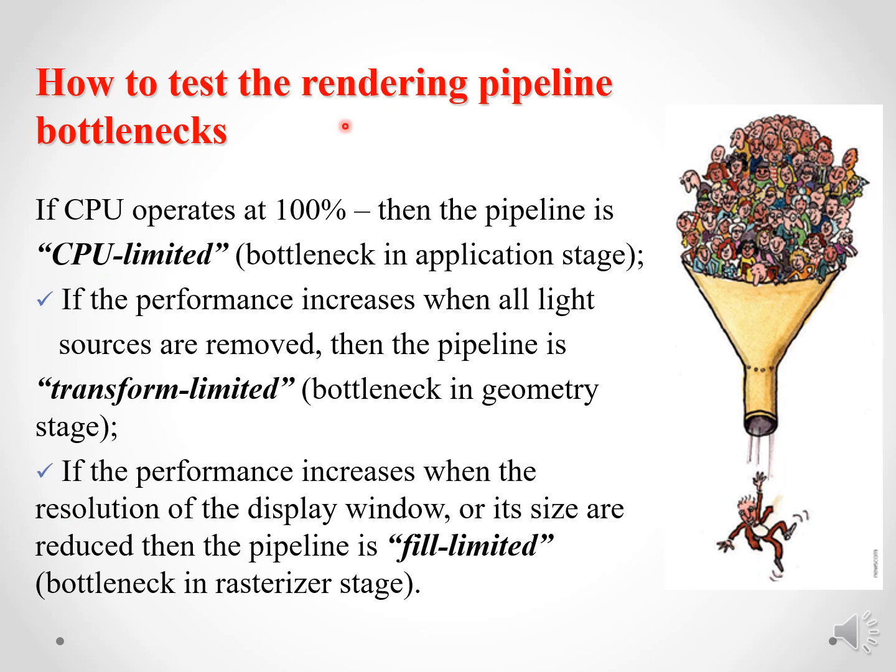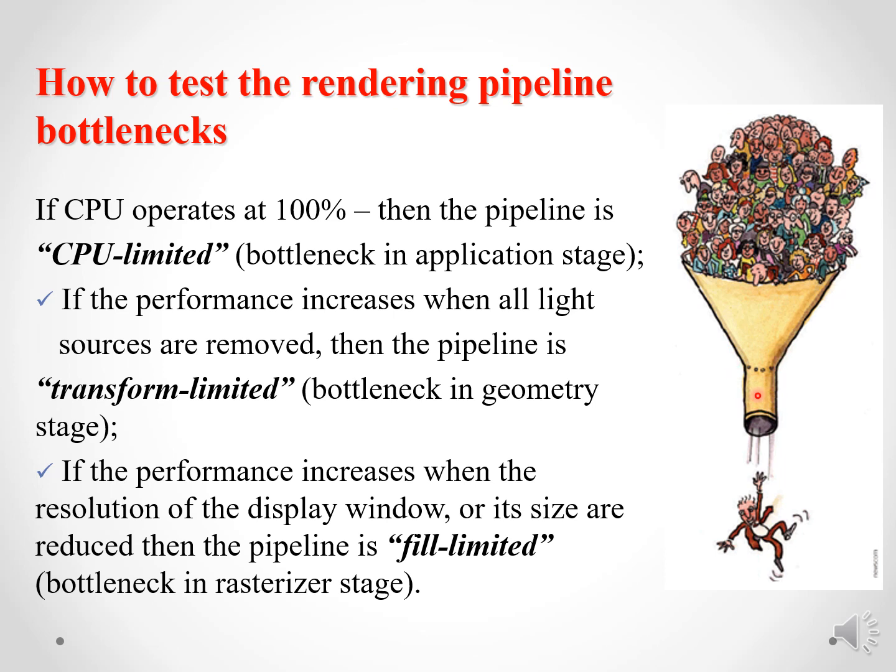How do we test the rendering pipeline bottlenecks? Bottleneck here means a narrow section that impedes the traffic flow. So as you can see from this figure, just imagine that this is the rendering pipeline, and there is a narrow section here that will cause a traffic jam.